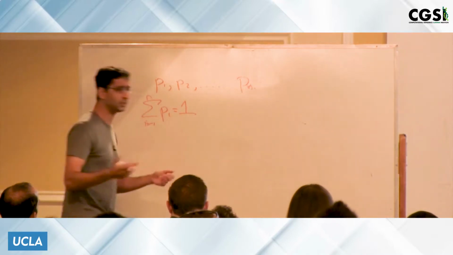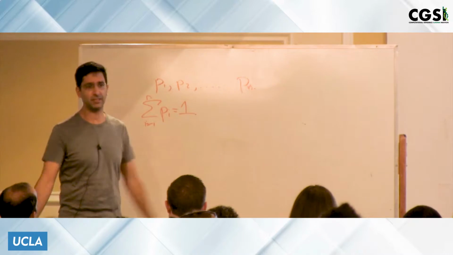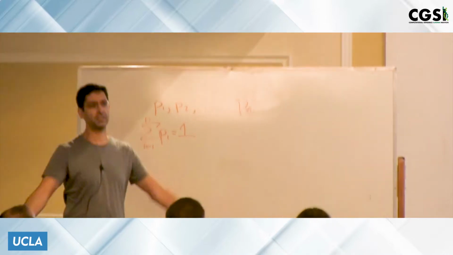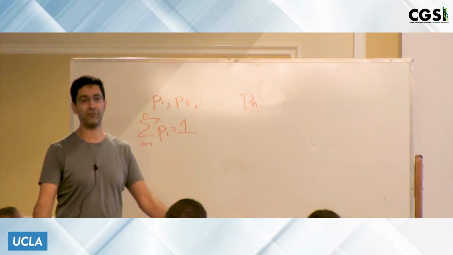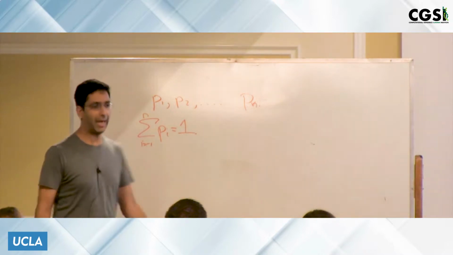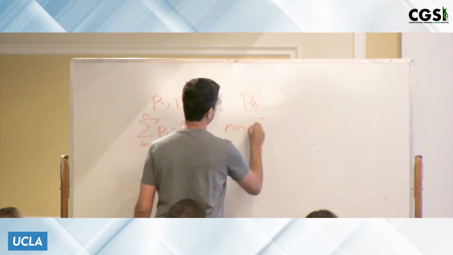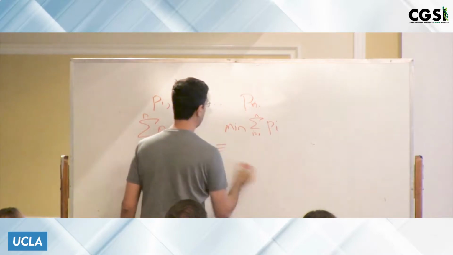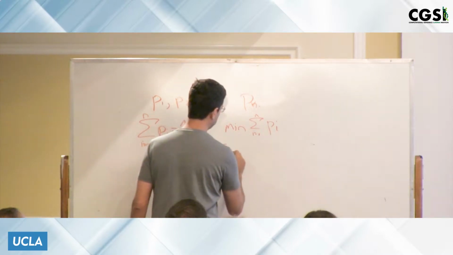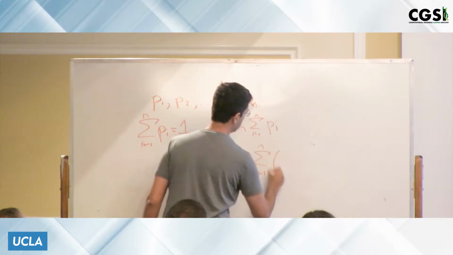When you are doing PCA and CCA and statistics all day, and you know probabilities sum to 1, and you're minimizing squares, then the first thing you think about is variance. So you realize that minimizing the sum of the squares of these p_i is equivalent to minimizing the variance, which I'll just write like this.